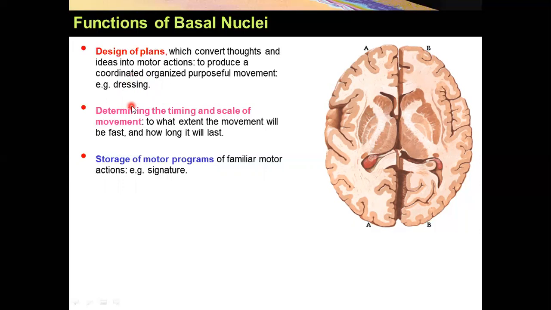The basal nuclei also are involved in determining the timing and scale of movement, in which to what extent the movement will be fast and how long it will last. These features are very important to perform a smooth and determined movement.